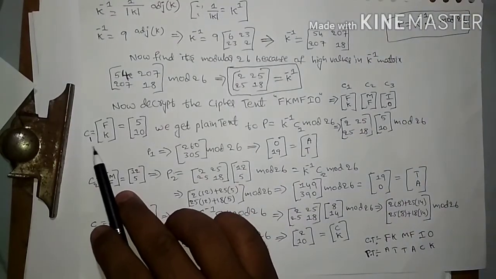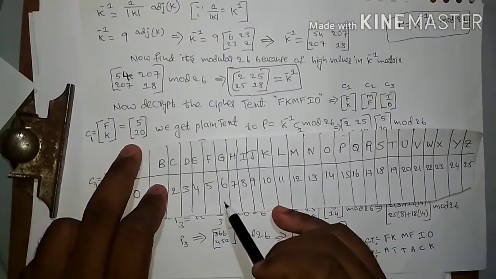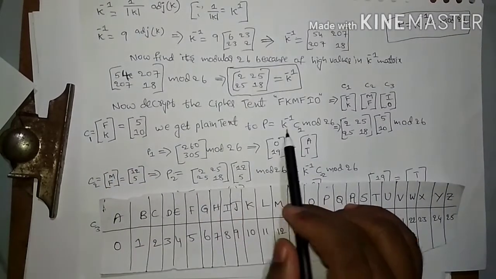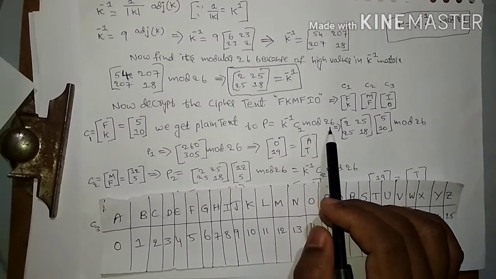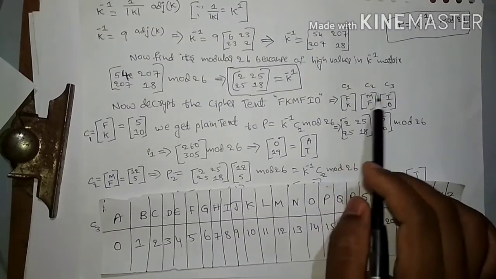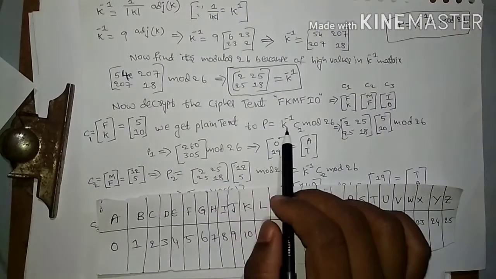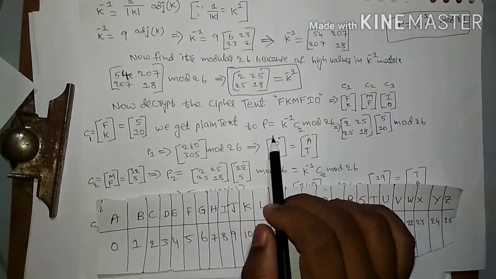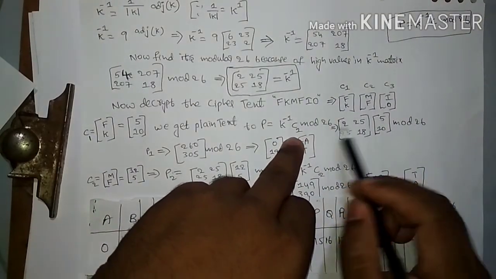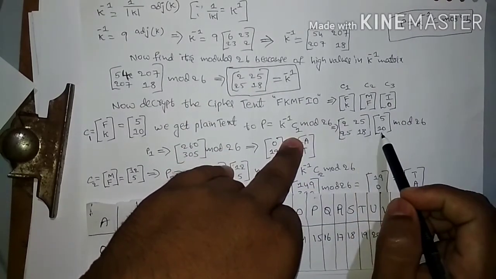So we are getting the first ciphertext value, FK. According to this table, F value is 5. Next K value is 10. Formula is P equals k inverse into C1 mod 26. We are spreading these 6 characters into 3 vectors, C1, C2, C3. Now for C1, k inverse matrix 2, 25, 25, 18 into C1.